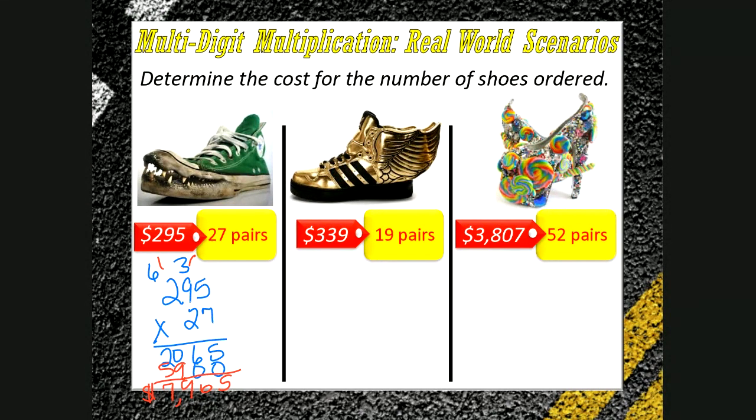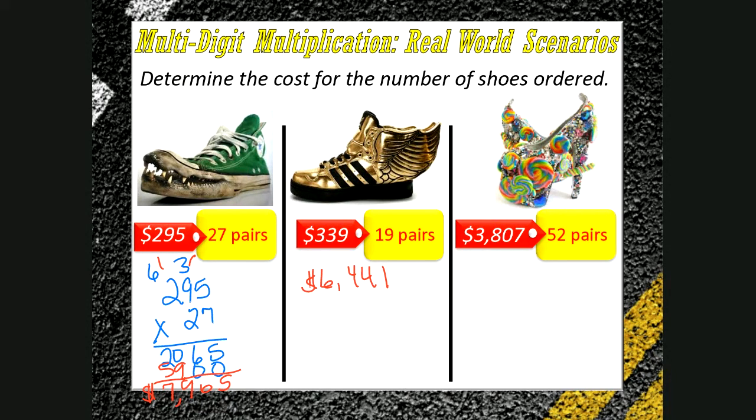Go ahead and pause the video and try the next 2 problems. You should have gotten 6,441 for this one. And for our next one, looks like candy shoes there.